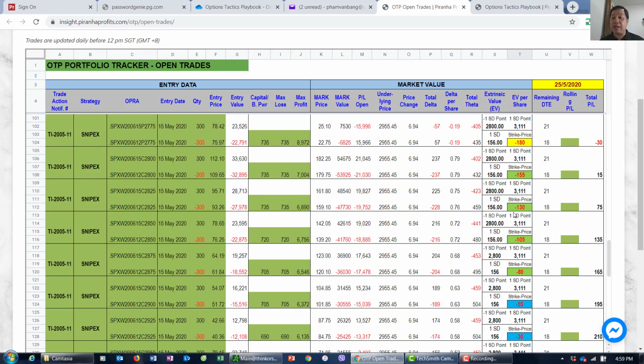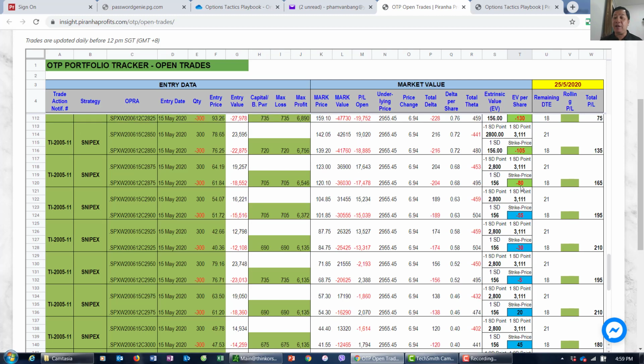And you notice that in some cases, even when the trades are in green or in blue, sometimes you see small losses here also. The reason for it is, it just happened that right after I enter the trades, VIX dropped significantly. Though the price has not moved a lot, it's still within plus minus 1 SD range.